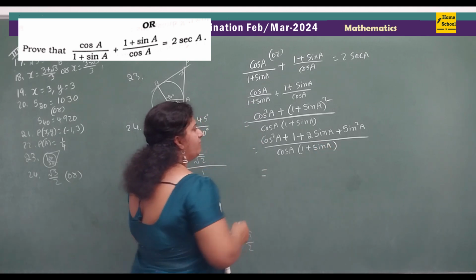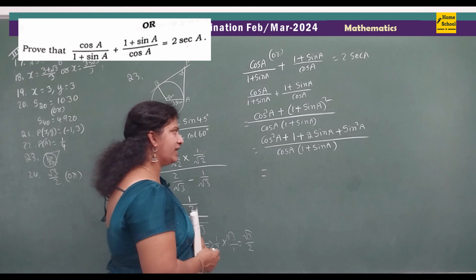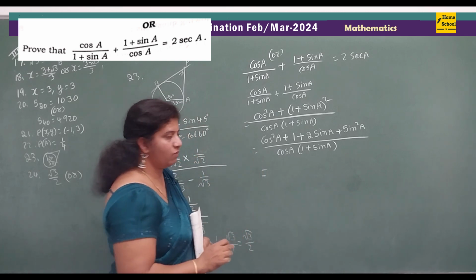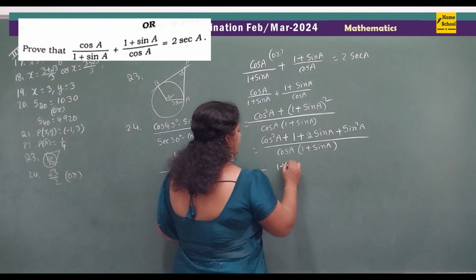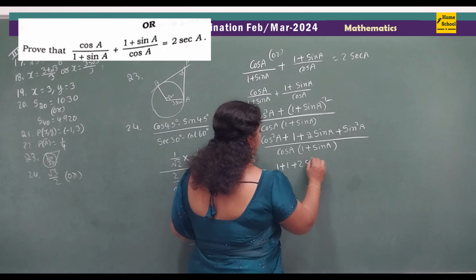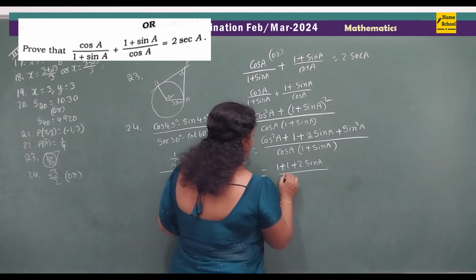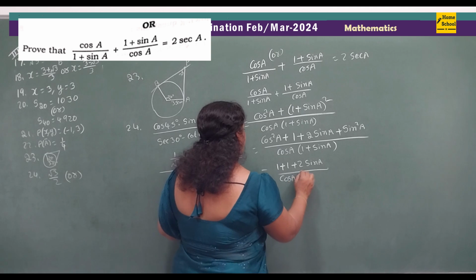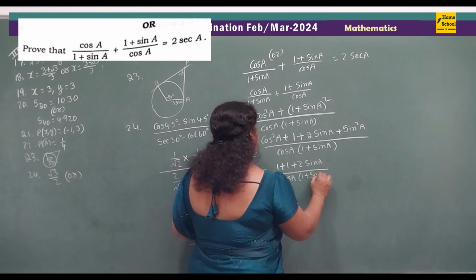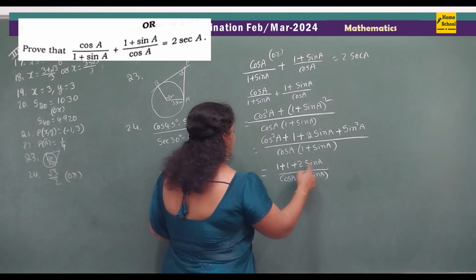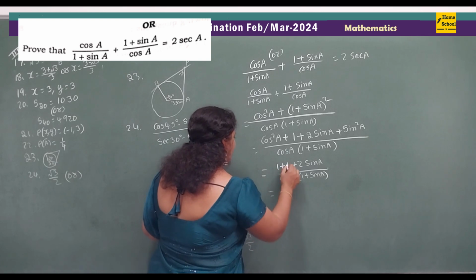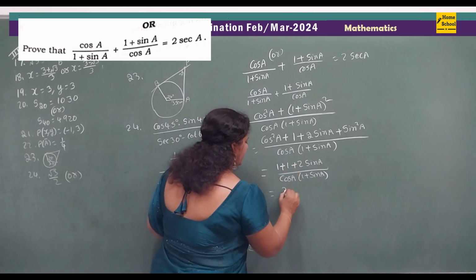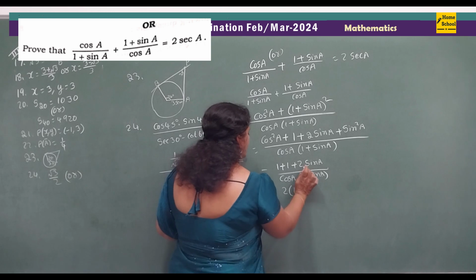Okay. Now again by using identity, what is sin square A plus cos square A? It is 1. 1 plus 1 plus 2 sin A by cos A into 1 plus sin A. Now here you can add this, 1 plus 1 will be 2, and then take out 2 common.